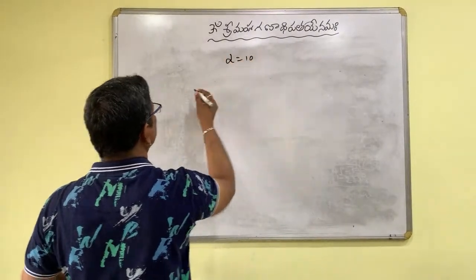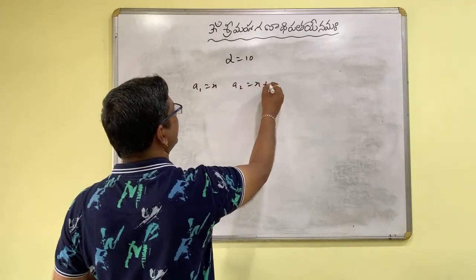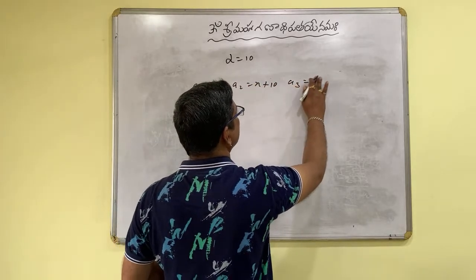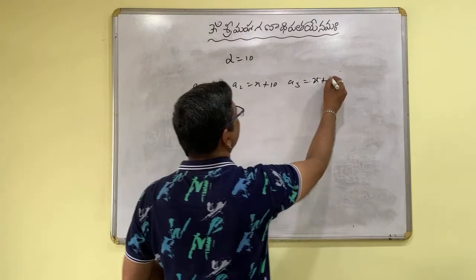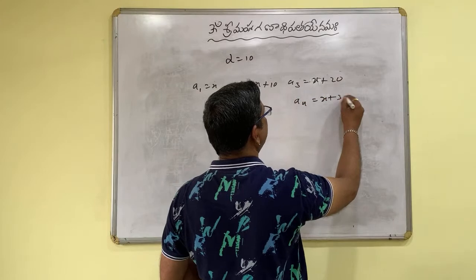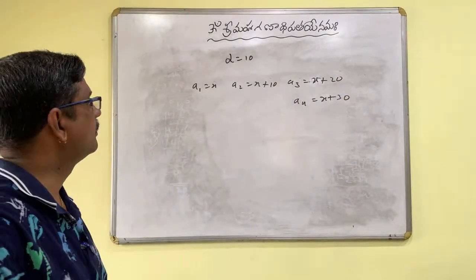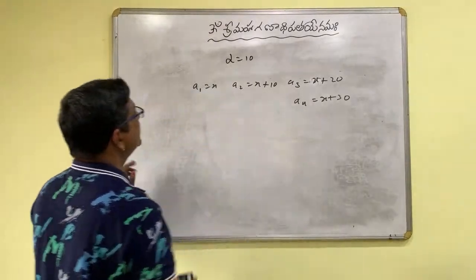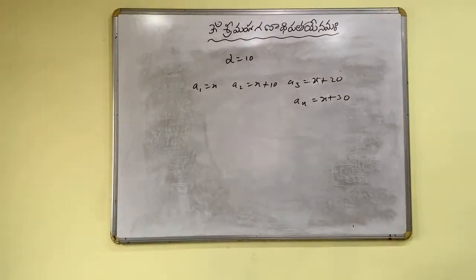D is given 10. Let A1 be X, A2 X plus 10, A3 X plus 20, A4 X plus 30. If we take it like the earlier way, we are not getting the problem properly because D is given 10, the condition. I didn't see that particularly.